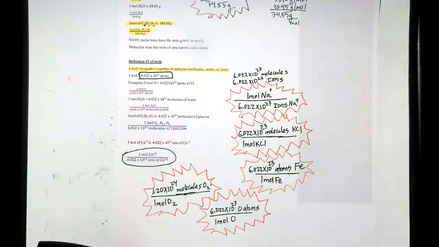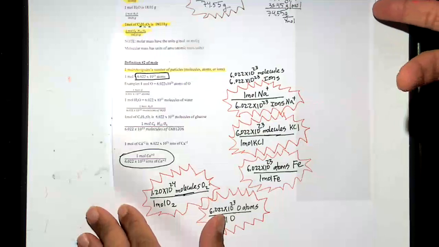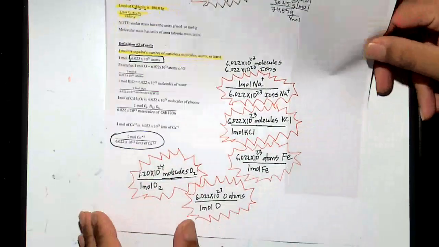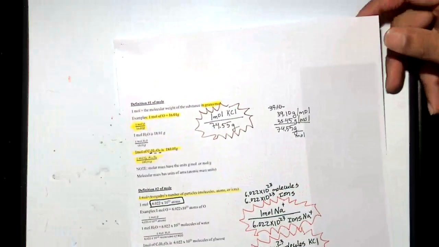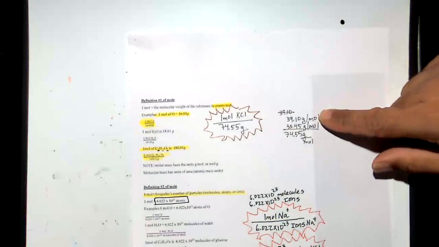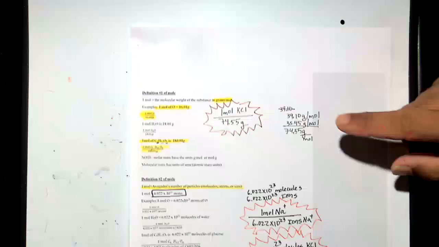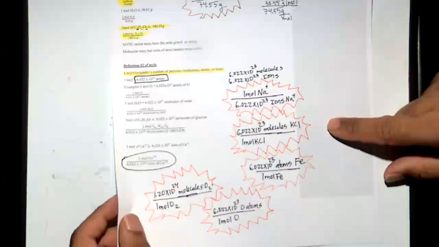Very good. Good job. That's when you're going to use this Avogadro's number of 6.022 times 10 to the 23rd. Any questions on definition 2? What's definition 1? Add up those numbers in the periodic table. What's definition 2? Avogadro's number. Let's look at definition 3 now.